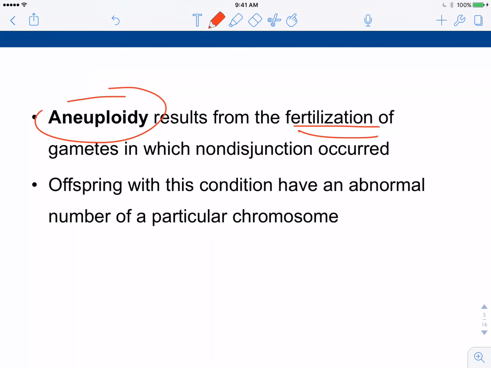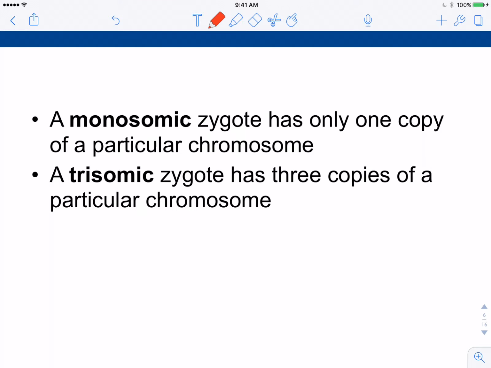If you fertilize one of these gametes that has extra or too few chromosomes, the offspring will have an abnormal number of a particular chromosome. If you only have 1 copy of a particular chromosome, it's called monosomic. Monosomic is 1 copy. Trisomic would be 3 copies.